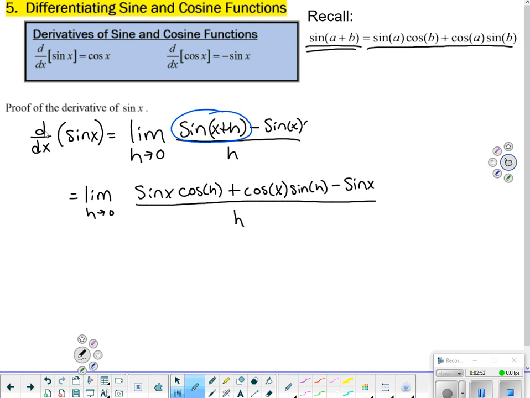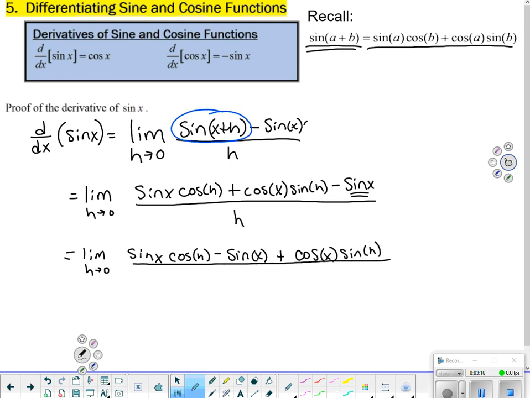And you're probably like, well, that doesn't help me a lot. I'm just going to rearrange things, a little addition, subtraction, rearrangement. I'm going to leave the sine x cosine h in the beginning, and this minus sign I'm going to bring up close to my first term, and then I'll have plus cosine x sine of h at the end. No harm done, right?